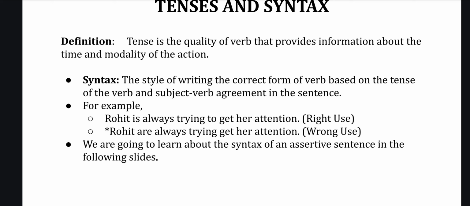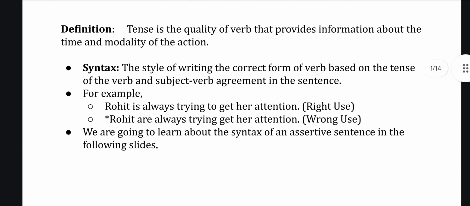It is a correct sentence because there is nothing anomalous or wrong in the sentence. But to mean the same thing, if I write Rohit are always trying to get her attention, that's a wrong sentence. That's why I have given an asterisk at the beginning of the sentence. Rohit are, that's a faulty line.